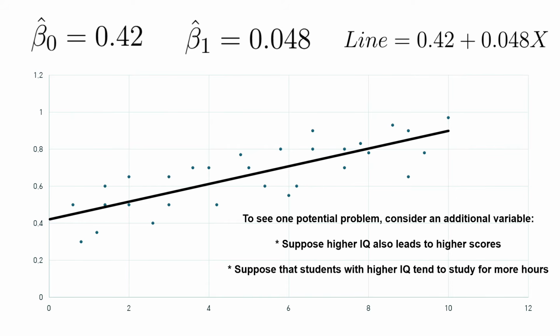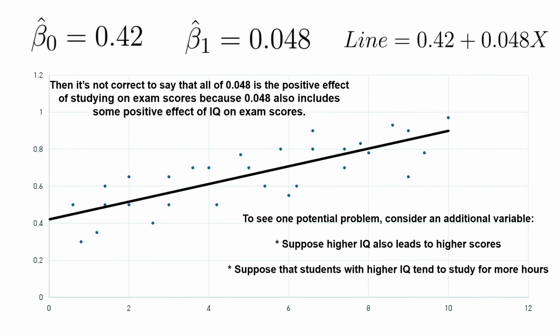Okay, so then in this new scenario, if we consider two variables, then it's not correct to say that all of 0.048 is the positive effect of studying on exam scores, because 0.048 also includes some positive effect of IQ on exam scores.